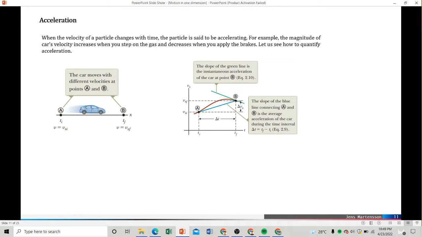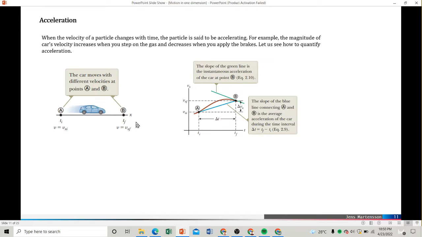Okay, so let us see how to quantify acceleration. Suppose this object, which can be modeled as a particle, is moving along the x-axis. It has an initial velocity vxi at a time ti at position, and a final velocity vxf at a time tf at position.